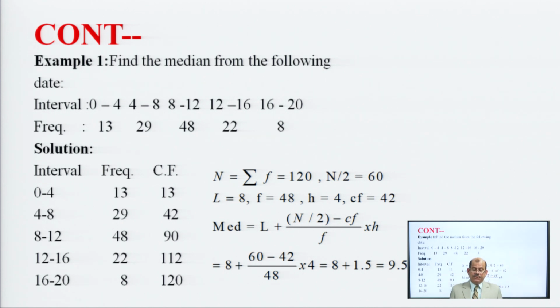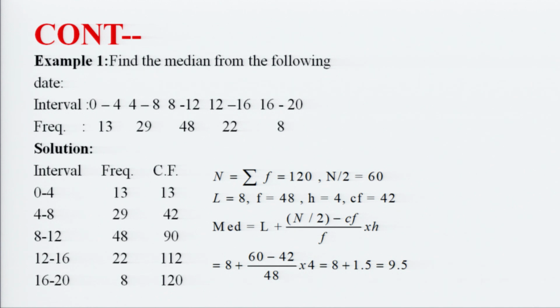Example: find the median from the following data. Intervals 0 to 4, 4 to 8, 8 to 12, 12 to 16, 16 to 20. Frequencies are 13, 29, 48, 22 and 8. Solution: we arrange the given data in column form.